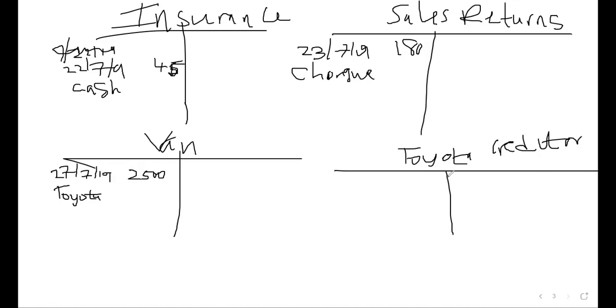Then here, the same date, 27/7/19, you have a 25 here. And this one, it was a van. So that's a double entry system.